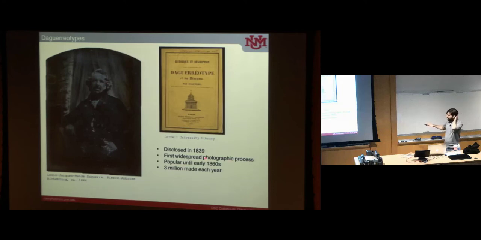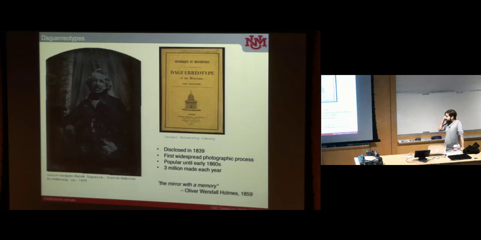It was used for around 30 years, like crazy, because there was no other technology. And look, there were 3 million daguerreotypes made every year. Of course, nothing compared with selfies nowadays, but I found that really amazing. And then it was very widespread until it was substituted by better techniques.